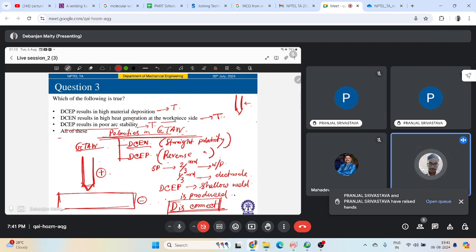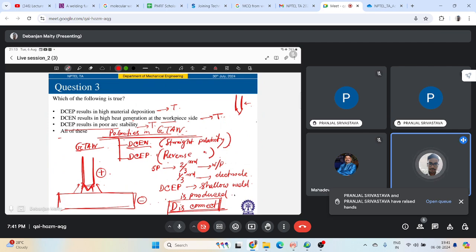The electrons will be emitted from the negative end and attracted by the anode, right? So there will be kinetic energy of those electrons. They will be colliding with some velocity, and that kinetic energy will be transferred into heat.